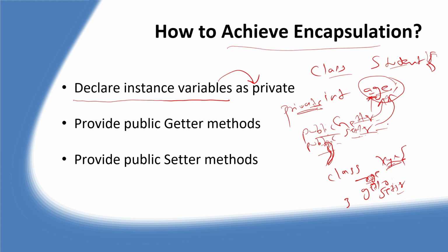That's how we achieve encapsulation. That's why the next points say: provide public getter methods, provide public setter methods. Why public? So that we can call these methods outside the Student class, somewhere in another class.